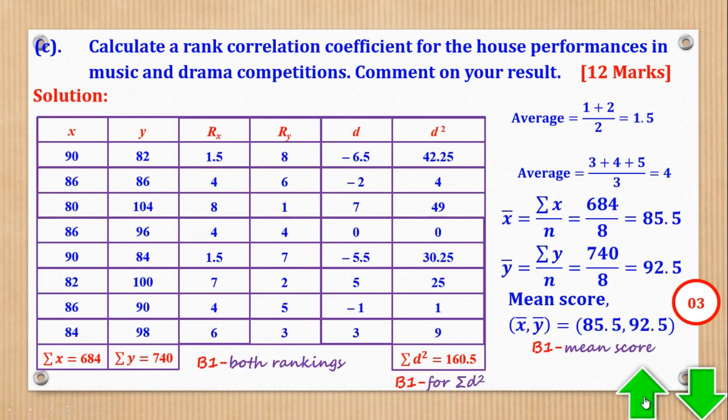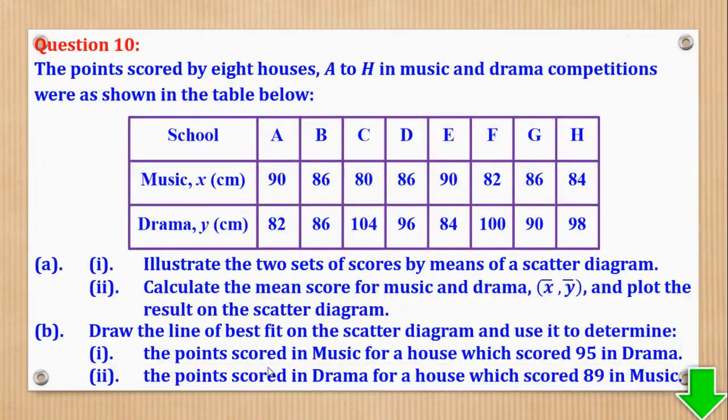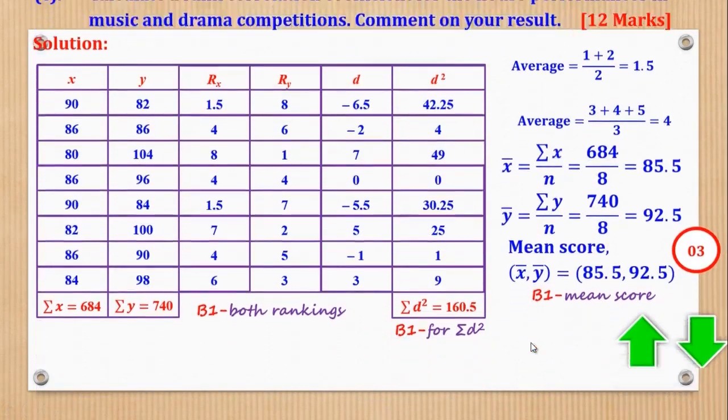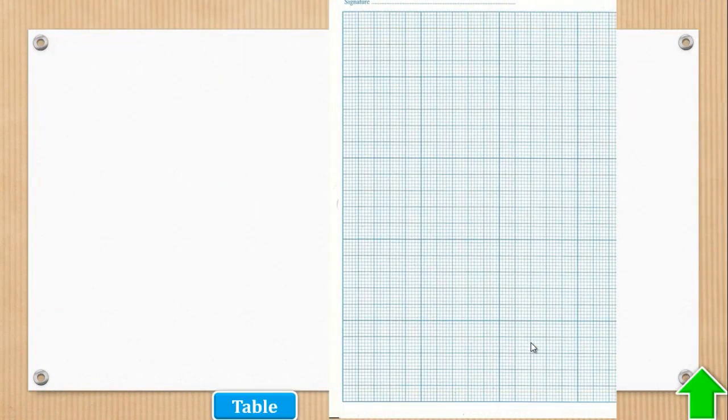The next, we shall now start answering the questions. Part A, they said, illustrate the 2 scores by means of a scatter diagram. That means we shall need a graph paper. Then we draw the axes, horizontal and vertical.